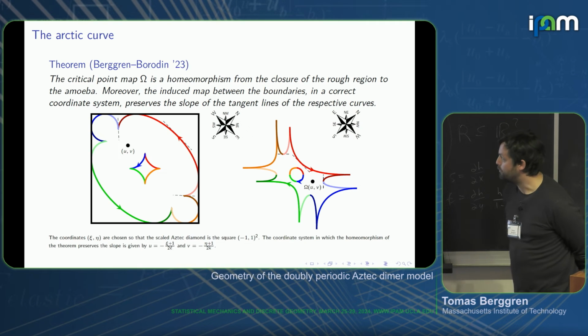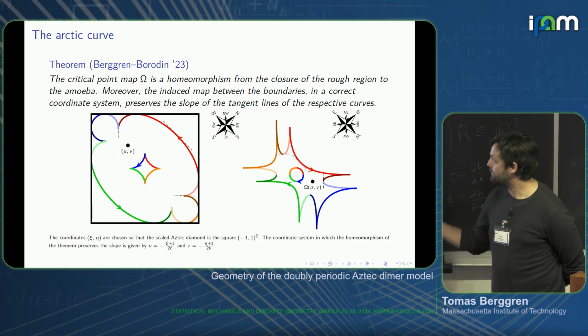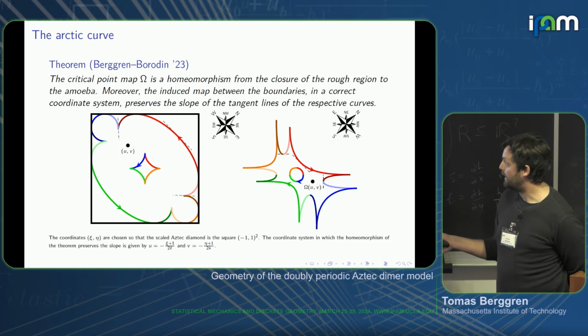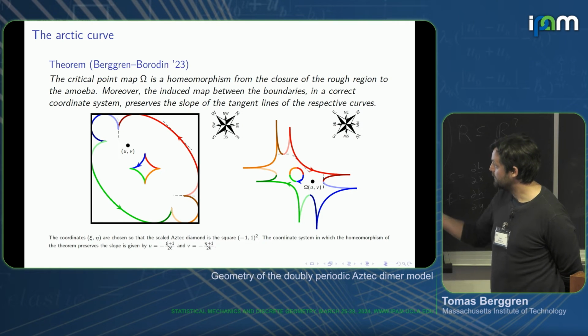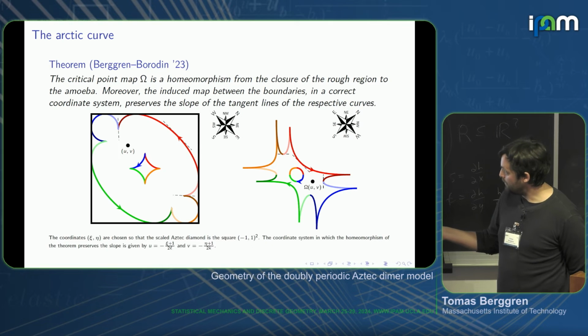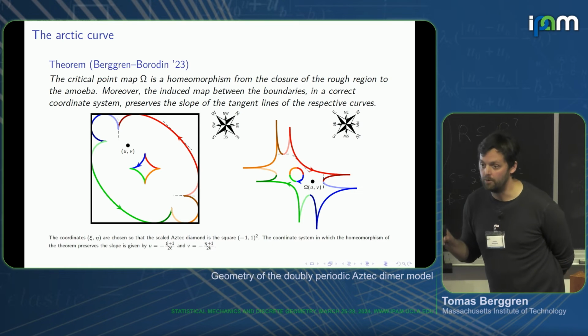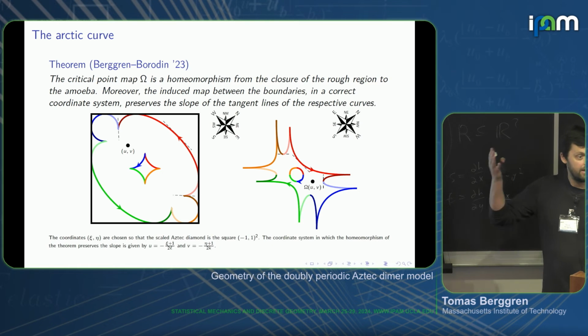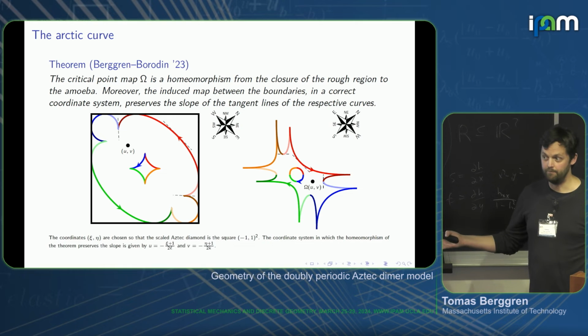Okay, so what did we prove? The first result is that this map I defined, maybe I've changed my parameter from UV for this to really be true, but you take a point in the liquid region, you map it to the amoeba. This map is a homeomorphism between the liquid region and the amoeba.